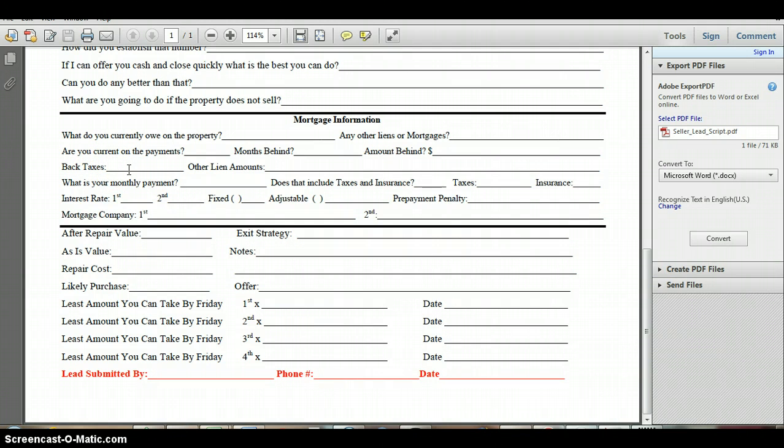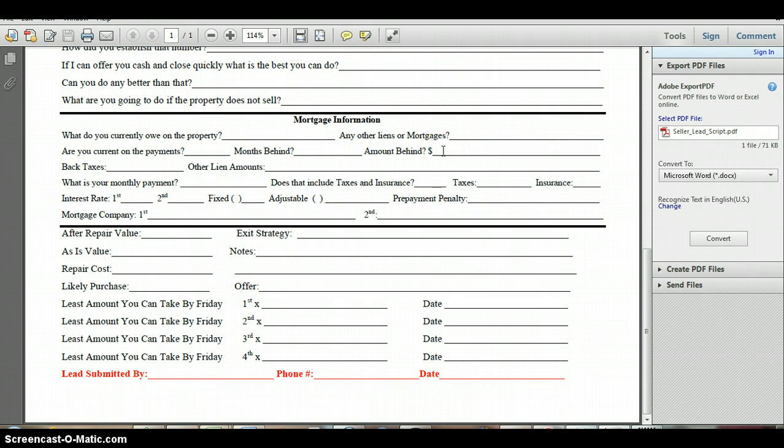You want to know whether or not the owner of the property is current on the payments. If they are not current, you want to ask how many months are you behind, or when was the last time you made a payment. When they go into 30, 60, 90 days late, it becomes another issue. You want to ask what is the amount they're behind.